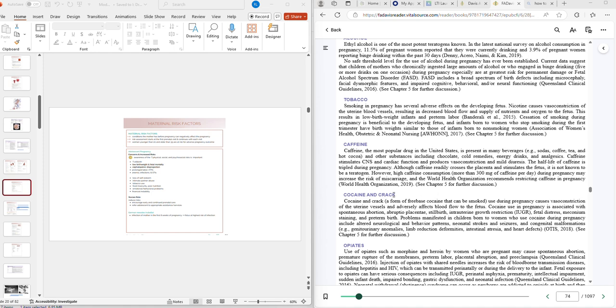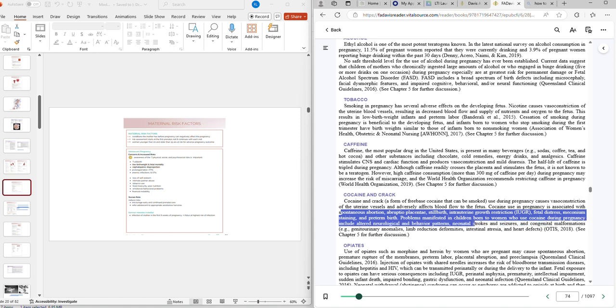Okay, I want you to take note of the crack and cocaine paragraph here. It can cause, and this is a big one, abruptio placentae, spontaneous abortions, stillbirth, IUGR, which is intrauterine growth restriction, of course, all kinds of things.